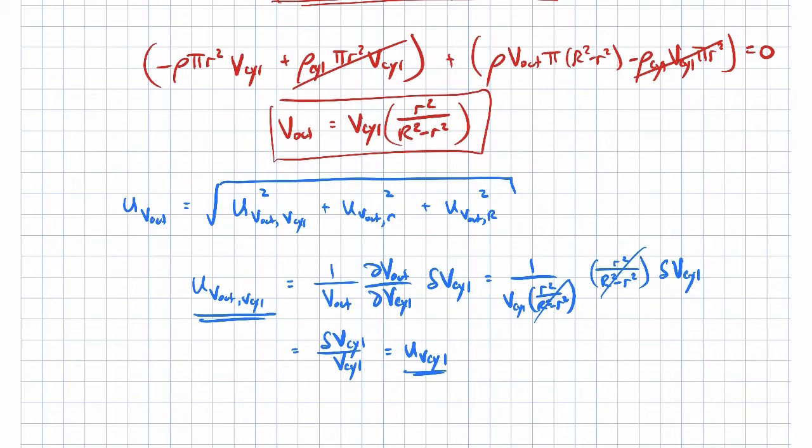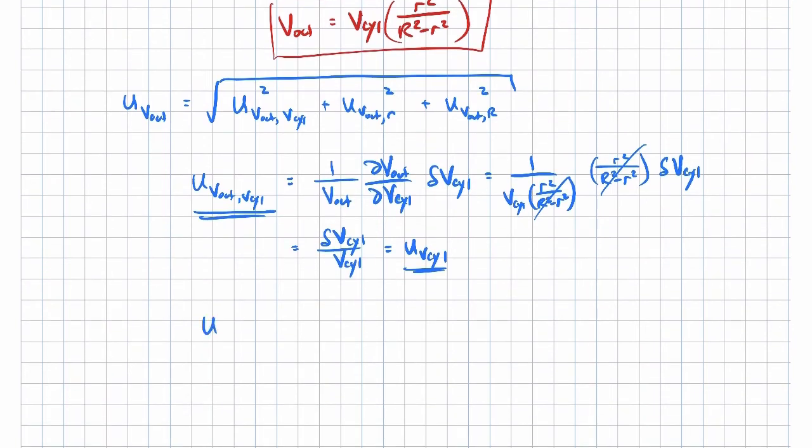Then we can do the other ones. They're a little more complicated. So here I'm doing the expression for the relative uncertainty in V out due to the uncertainty in little r. We follow the same procedure. This one is a little more complicated because the little r squared is in both the numerator and denominator, so you'll have to actually use the division rule.